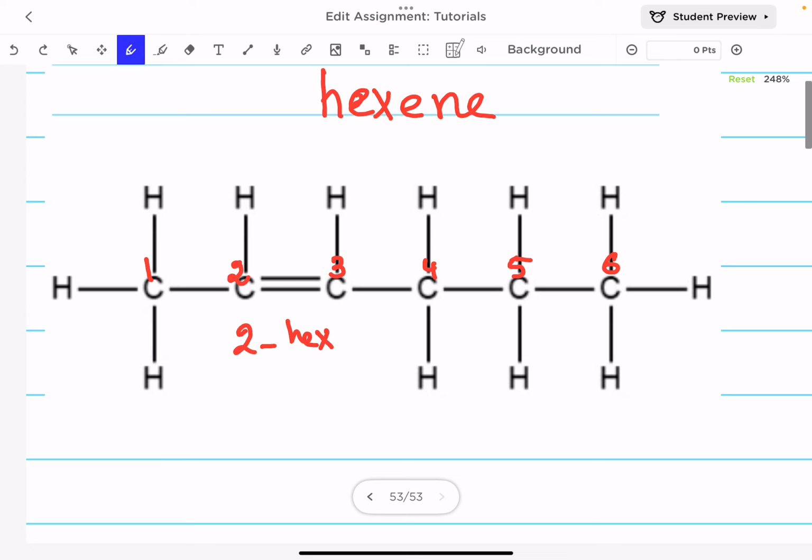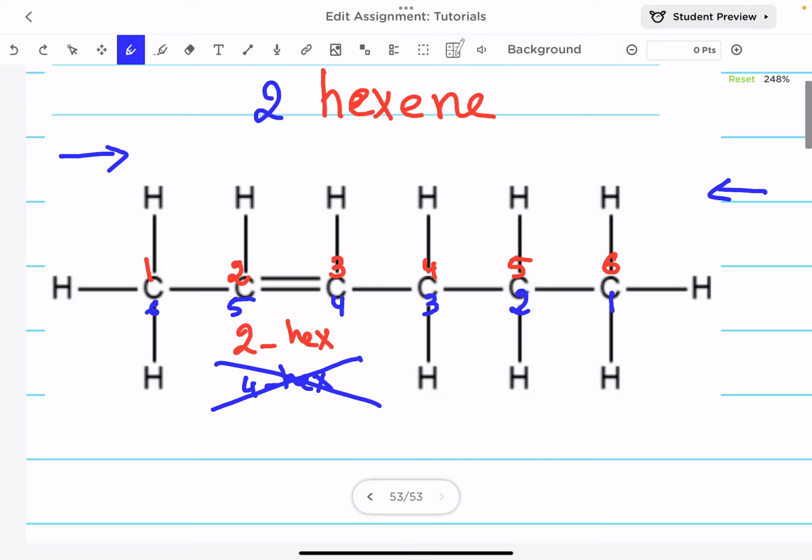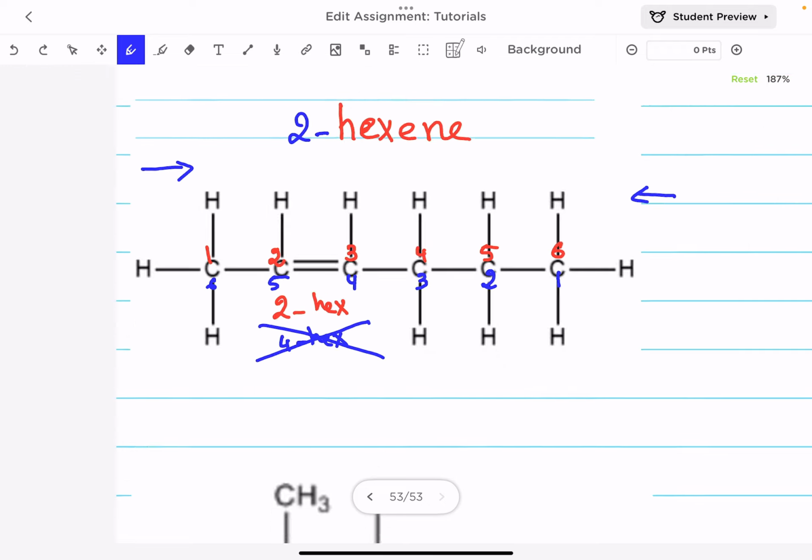Whereas if you number from this side, 1, 2, 3, 4, 5, 6, your double bond is on the 4, 4-hexene. And that is wrong because I have a chance to start counting from the left, giving the double bond the lowest possible number. So the final answer for this question is 2-hexene.